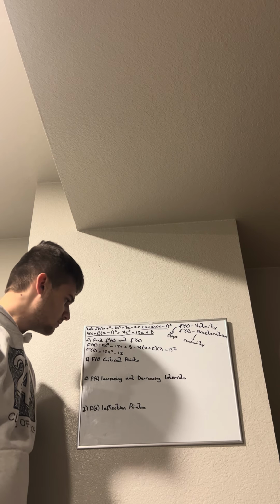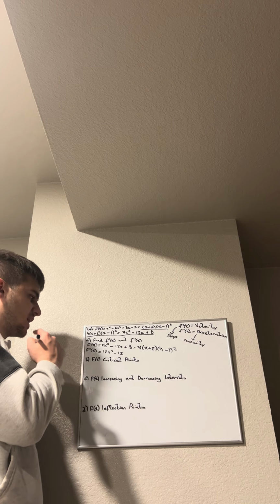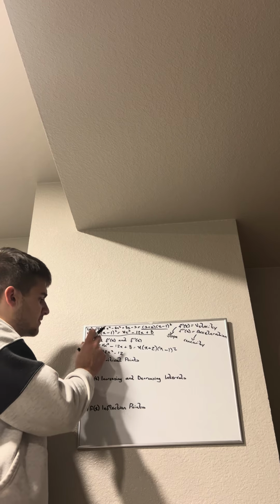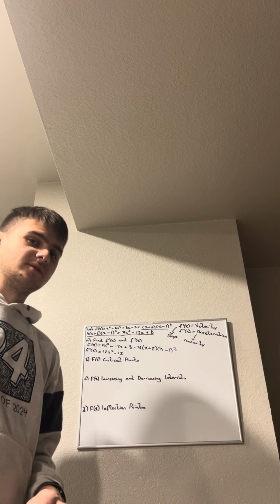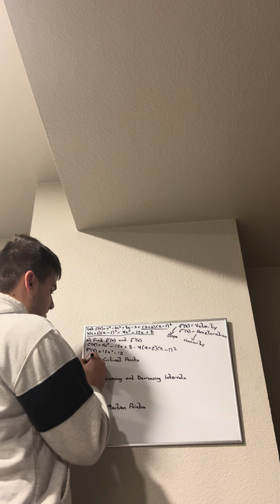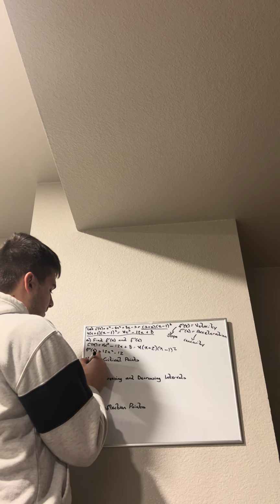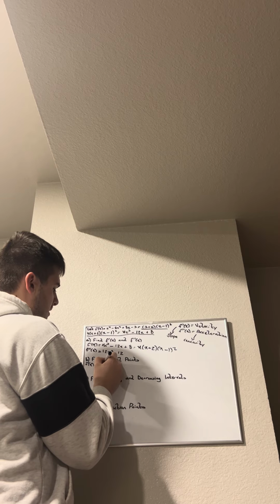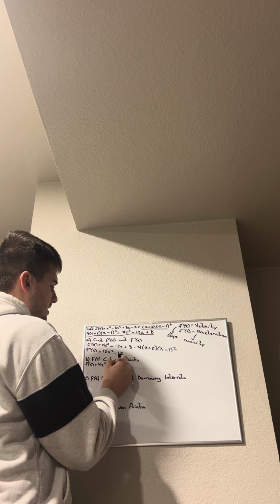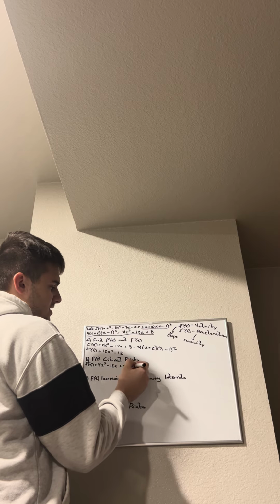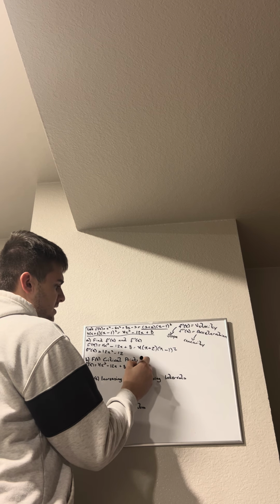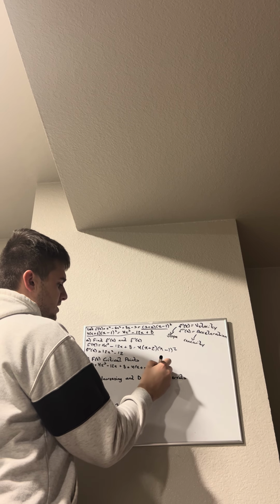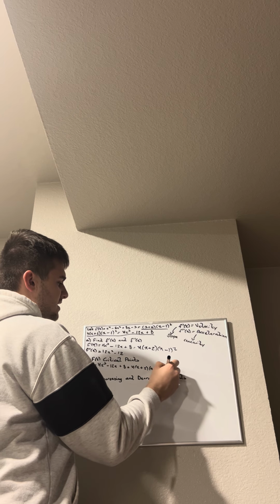In the case of the critical points of f of x, we want to take the first derivative that we have and set it equal to 0 in order to solve for x. So we have the first derivative of f of x, which equals 4x cubed minus 12x plus 8, which simplifies to 4 times x plus 2 times x minus 1 squared, which we then set equal to 0.